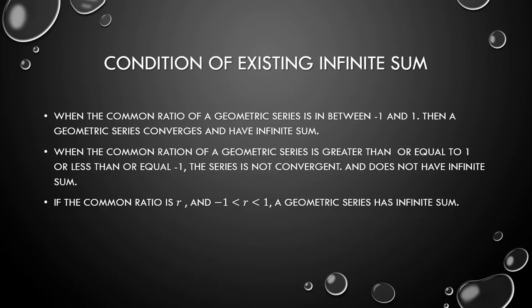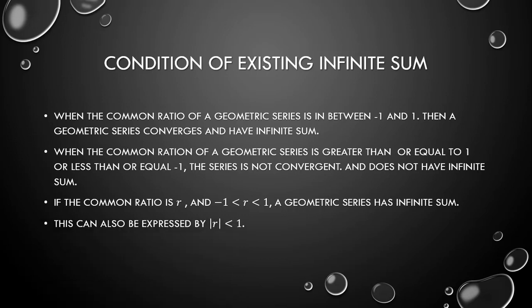If the common ratio is R and -1 is less than R is less than 1, a geometric series has an infinite sum. So the summary of the previous two points is: -1 is less than or equal to R and R is less than or equal to 1.